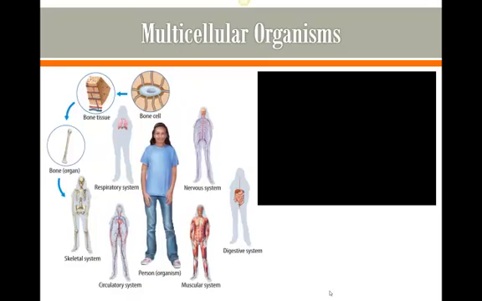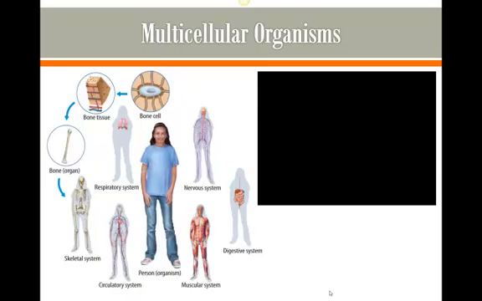If they're unicellular, that one cell can either be prokaryotic or eukaryotic. It can lack an organized nucleus and not have a membrane around it, or it could. And that one cell has to carry out all of the processes of life because there's only one cell to do it.